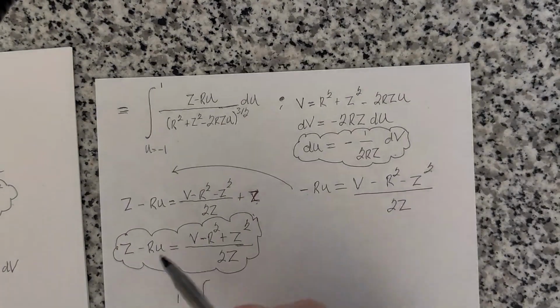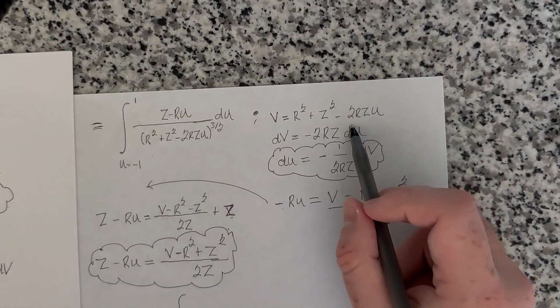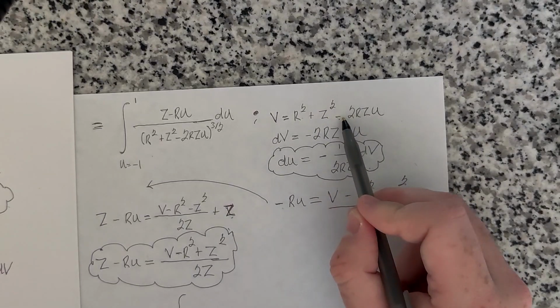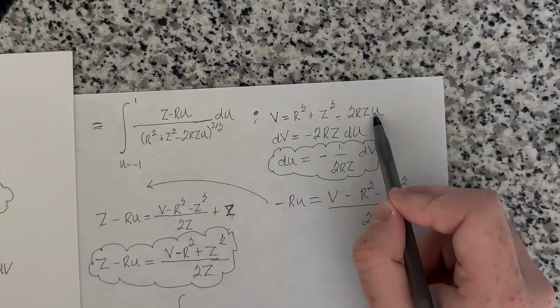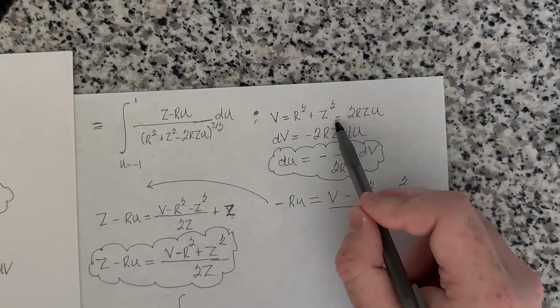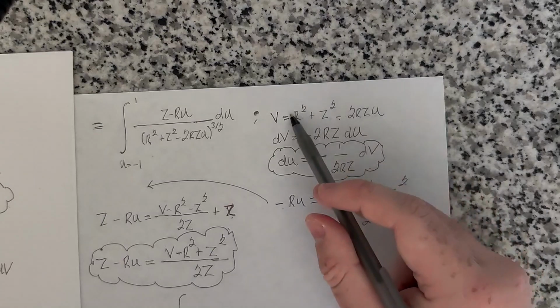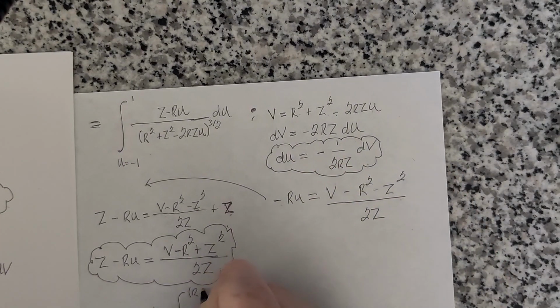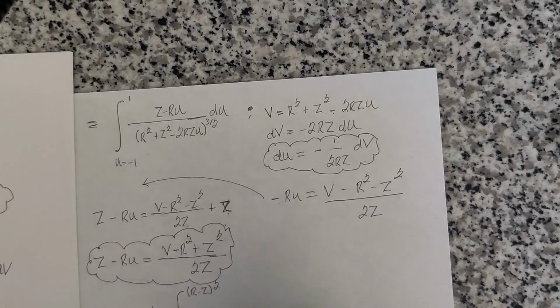So if u is -1, then this is going to be r squared plus z squared minus 2rz times -1. So it's going to be a plus 2rz. So that's going to be the same as r plus z whole squared. And then the top will just be a minus sign there. So it's going to be r minus z whole squared for the bounds.